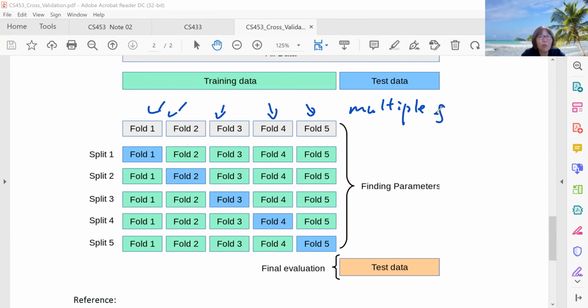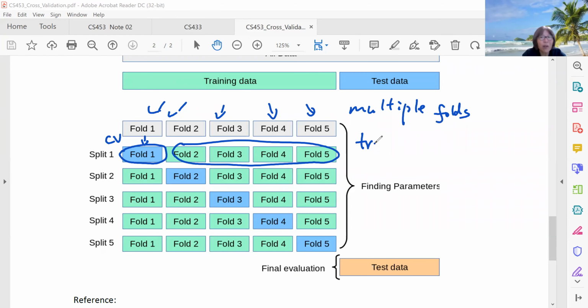For each fold, you select one fold for cross validation and use all the others as training, and try out different parameters.